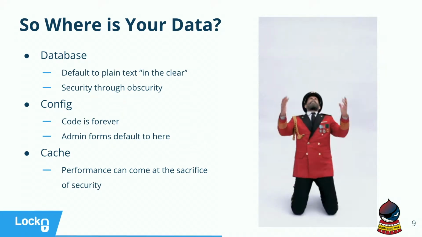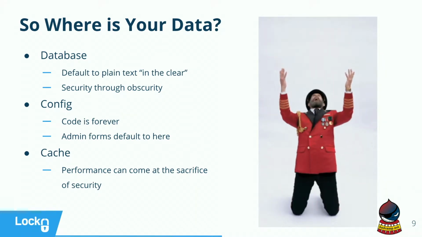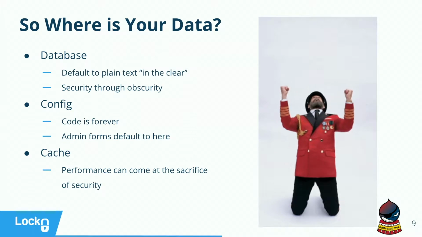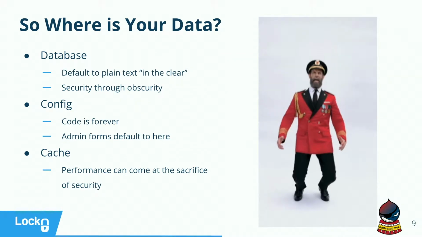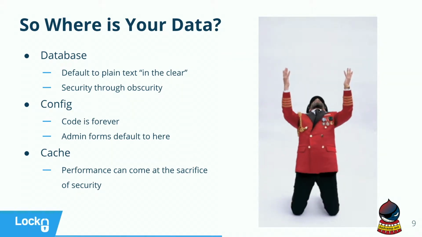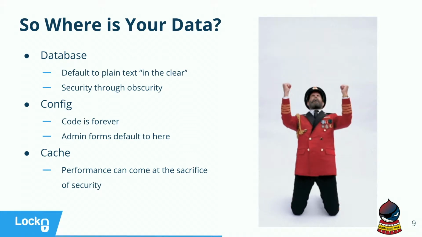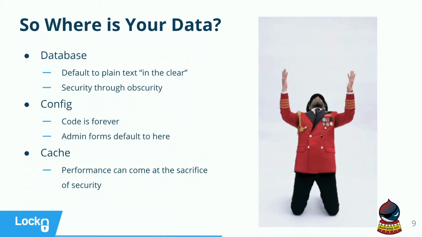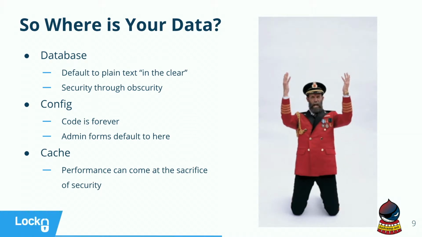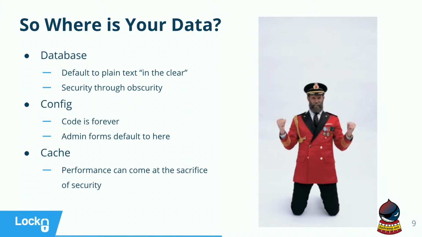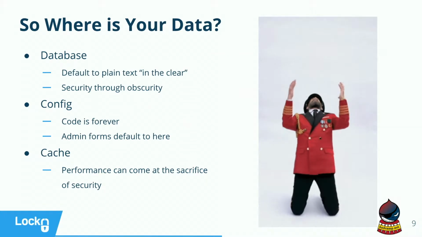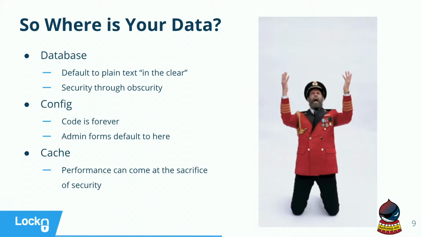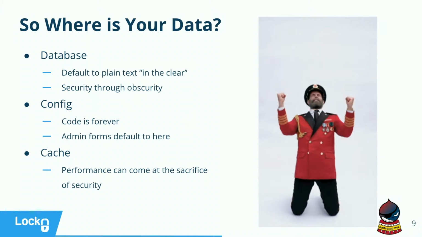You go on GitHub and search things like AWS_API_key, and you'll come up with thousands of repos of people who've committed API keys, tokens, passwords. Everything gets committed to Git. And Drupal, by having config, is one of these places where you can fall prey to having secrets leaked into your config. And then the last thing I mentioned is the cache.